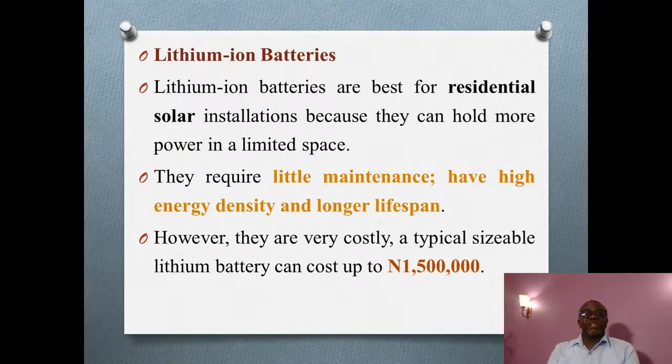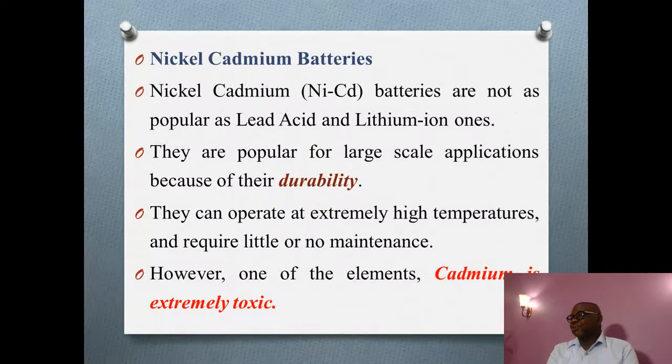A typical sizable lithium battery can cost up to 1,500,000 Nigerian naira. The next one is the nickel cadmium batteries, otherwise known as the NiCd.